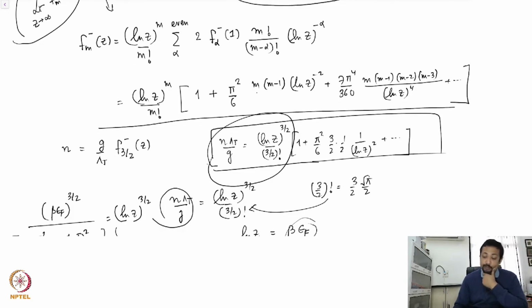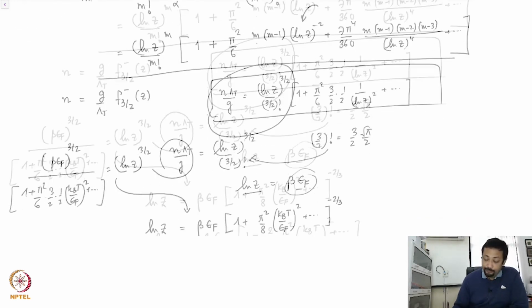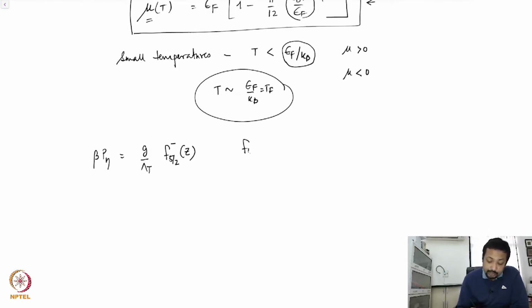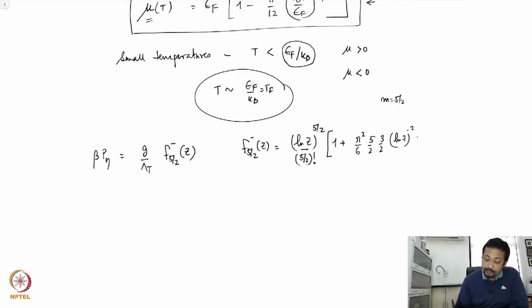So we will only keep ln z up to this order, and therefore f_{5/2}^-(z) is ln z raised to the power 5/2 divided by (5/2) factorial times 1 plus pi squared over 6 times m(m-1), where m is 5/2 here, and 3/2, and I have ln z raised to the power minus 2 plus higher order terms.